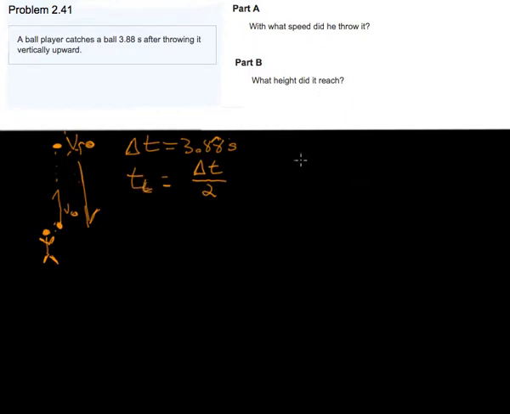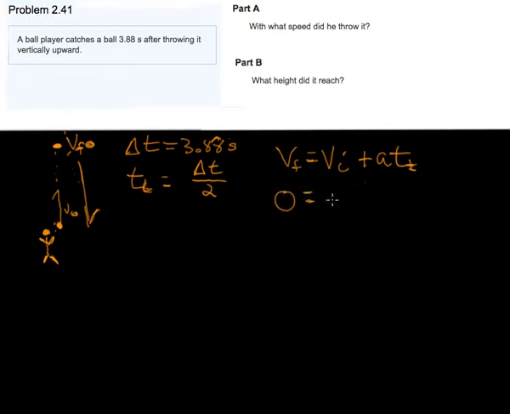So what we can do is, for what speed did he throw it with, we can look at the final velocity is the initial velocity plus AT to the top. So in our case, the final velocity when it gets to the top, everything on the top of a free fall is 0.